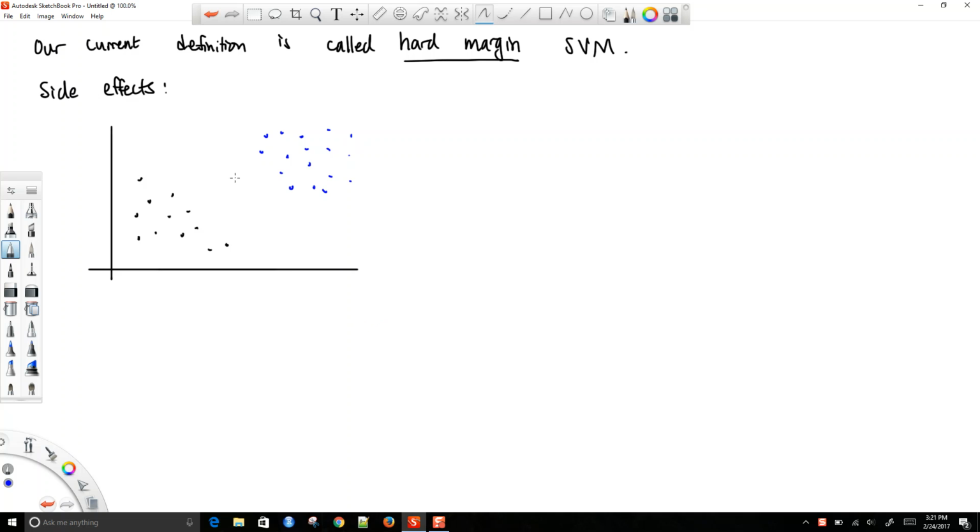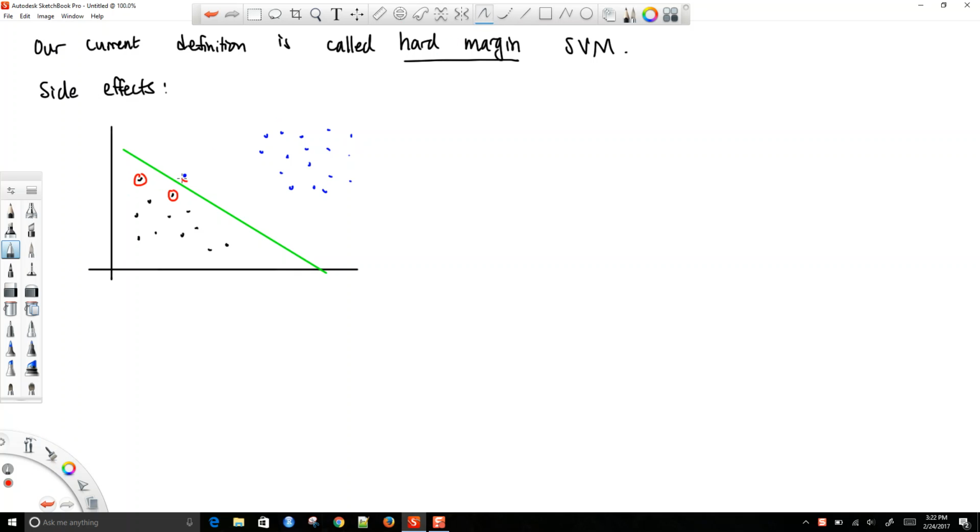But let's say this guy comes out here. Now the way we've defined our problem, our margin has to try to accommodate this. Or it probably is going to look a little more like this, and these 3 points are probably going to be our support vectors.